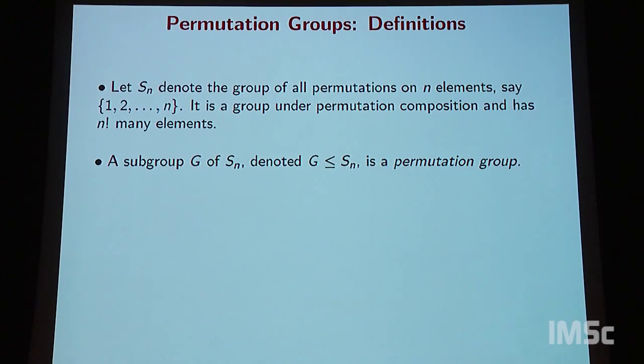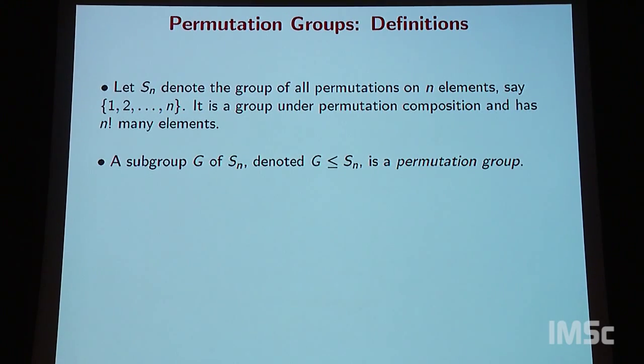Since these numbers matter for me, when I say Sn, I mean n is a comfortably small number, like 100 or 1000, and not 2 to the power 100 or 100 factorial, which is more than the number of fundamental particles in the universe. So I want to deal with reasonable numbers. Anything that sits inside Sn is what I call a permutation group. So Cayley's theorem is not very relevant in this context.